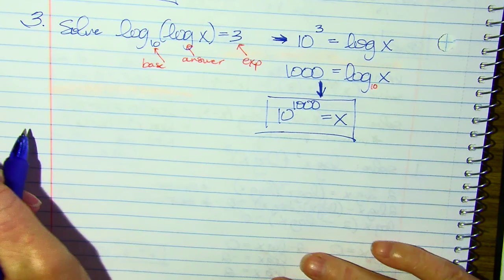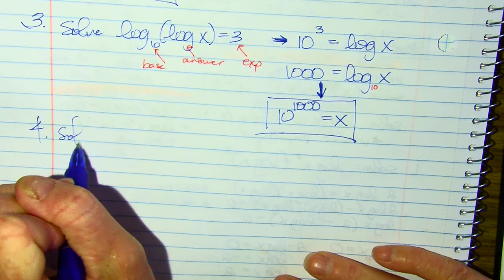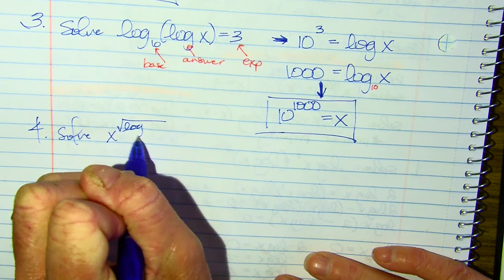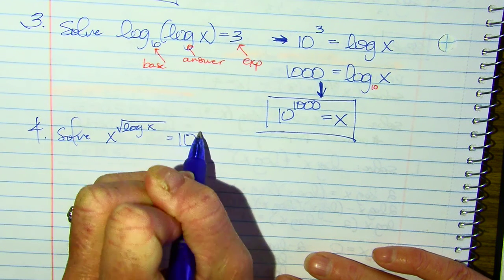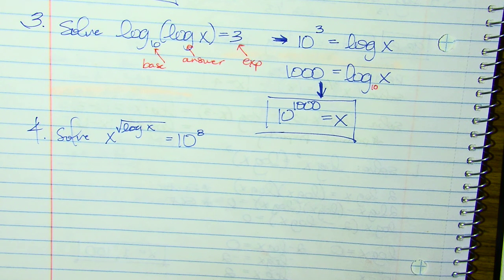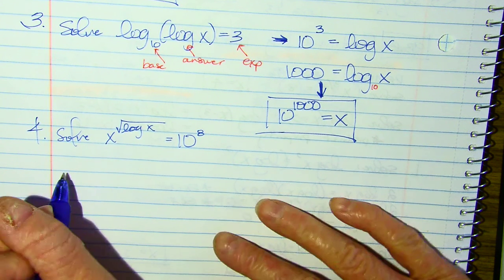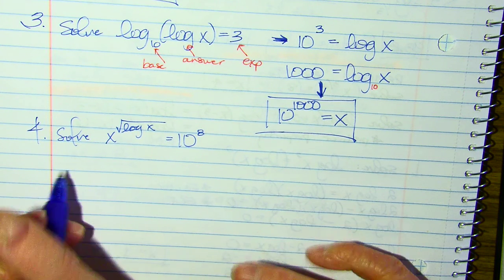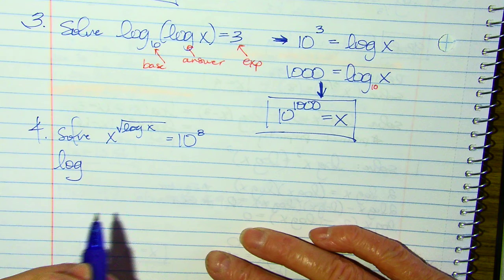Last one. Solve x to the square root of log of x equals 10 to the 8th. So again, I'm going to rewrite this. I'm going to take the log of both sides.